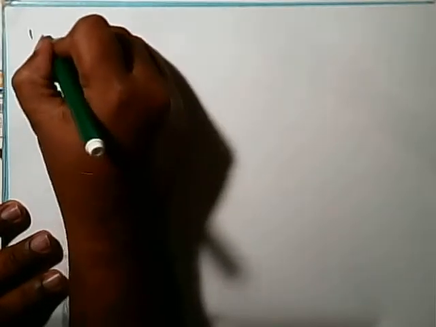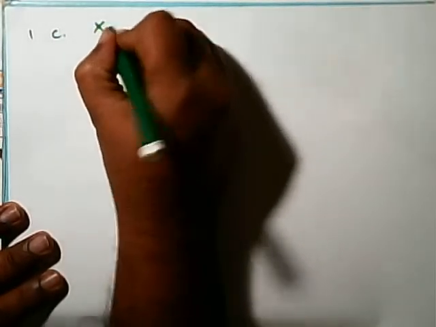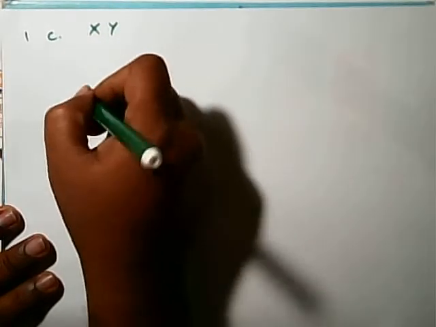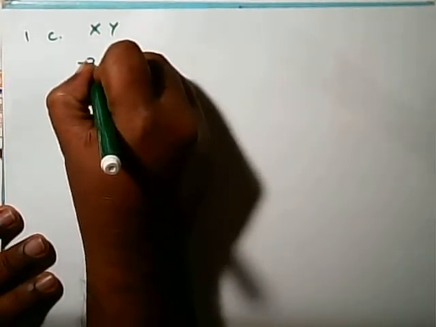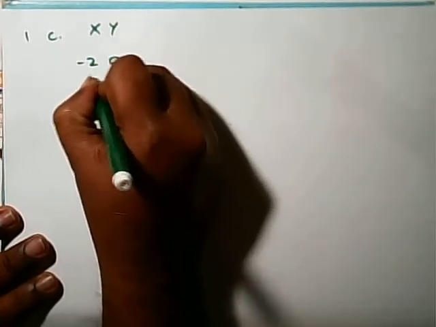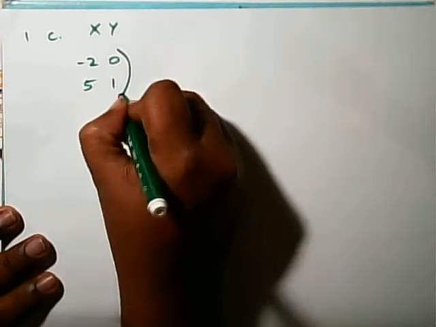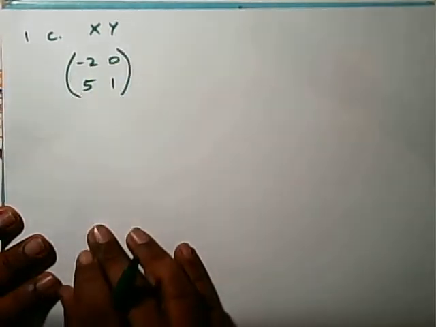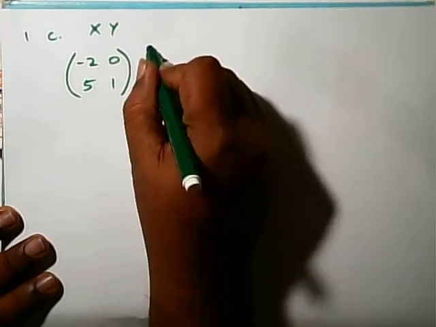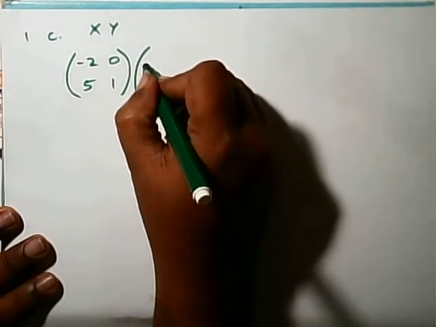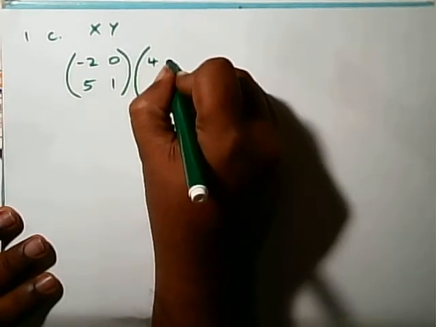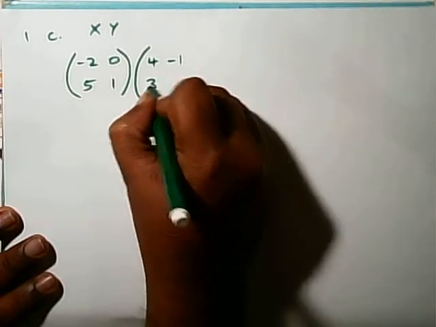X times y. Part C, question 1C. X times y. X was minus 2, 0, 5, 1 being multiplied to y, which would have been 4, minus 1, 3, 7.